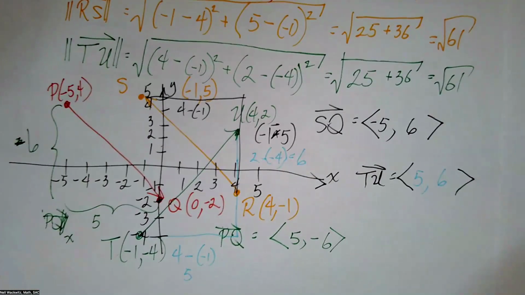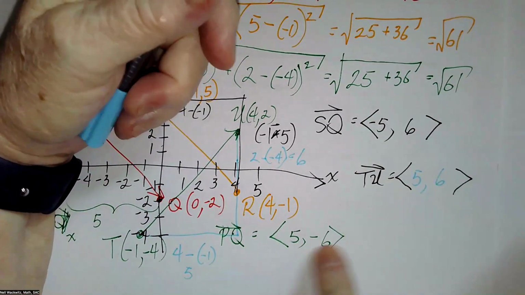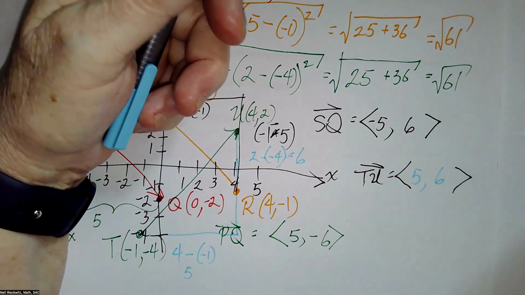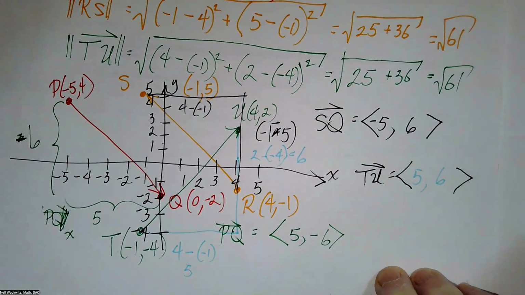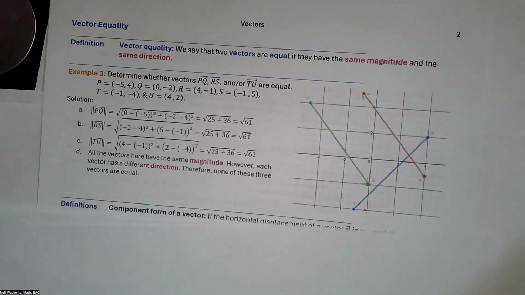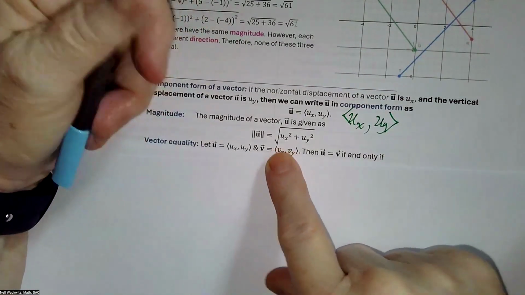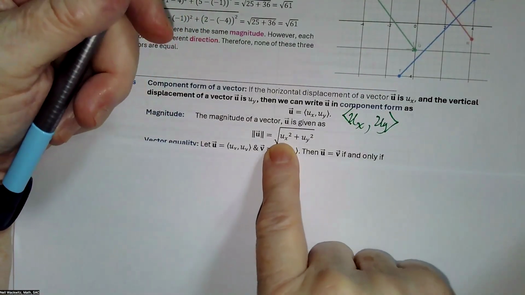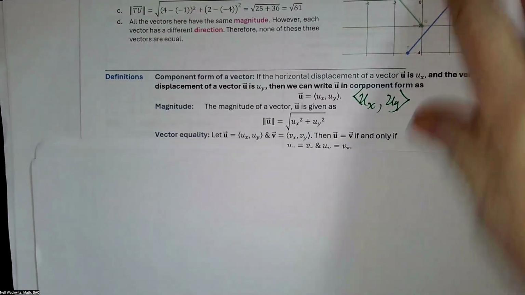So you can see when we put these in component form that they're all very similar, but none of them are the same. If two vectors are the same, then in component form, we'd have the same numbers. If a vector is in component form, then we just square the x value and square the y value, and take the square root to find the magnitude.